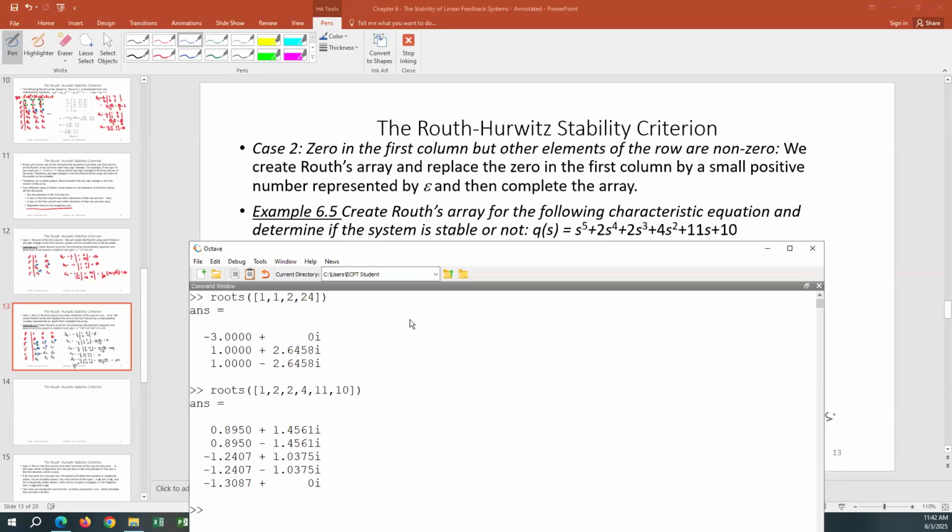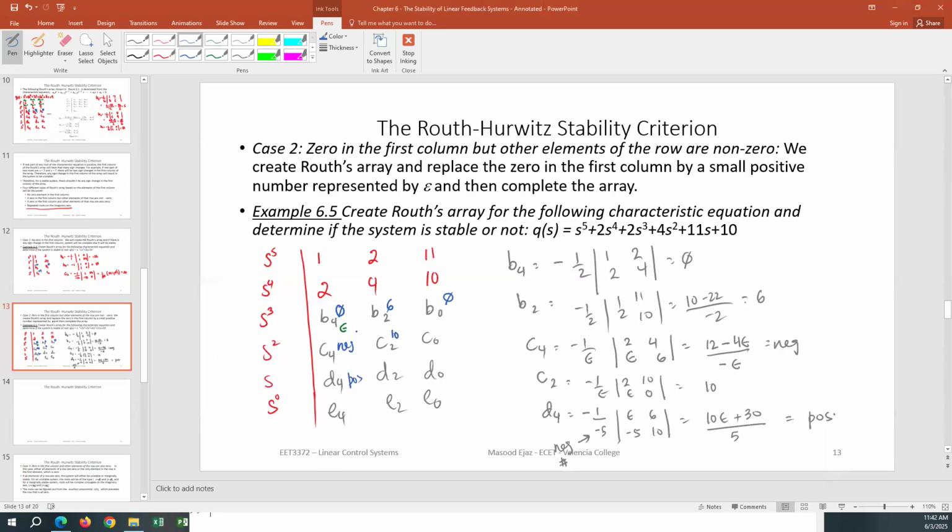So the first 2 roots that you can see, they are on the right-hand side, 0.895 plus 1.4j, and so they are a complex conjugate pair on the right-hand side, which will make the system unstable. The last 3 roots are on the left-hand side. But even if you have 1 root on the right-hand side, the system is going to become unstable. So 2 sign changes, you have 2 roots on the right-hand side, system is unstable.